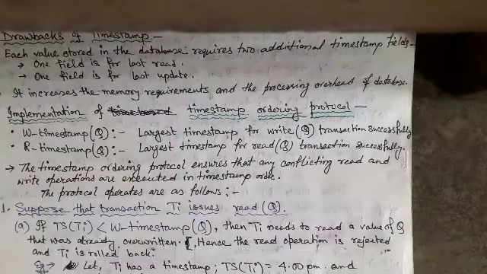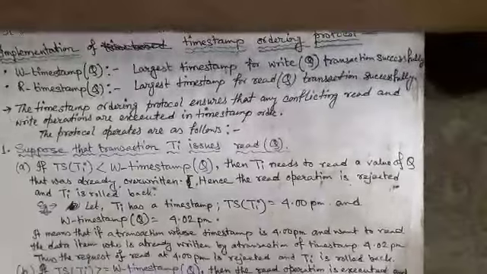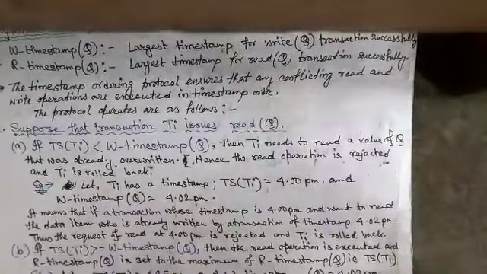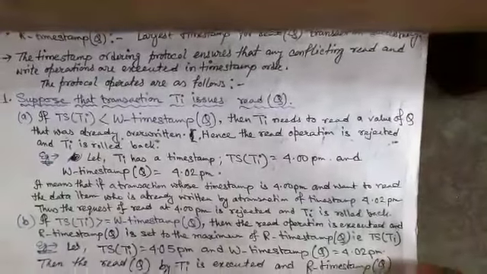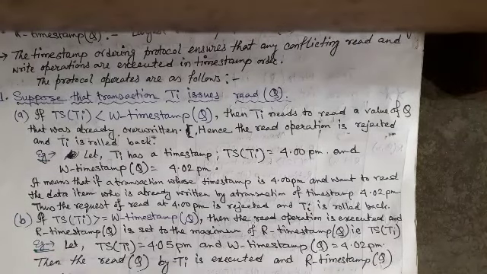Now a transaction issues two things: a read operation and a write operation. If a transaction Ti issues a read operation, how is it handled by the timestamp ordering protocol? There will be two cases.